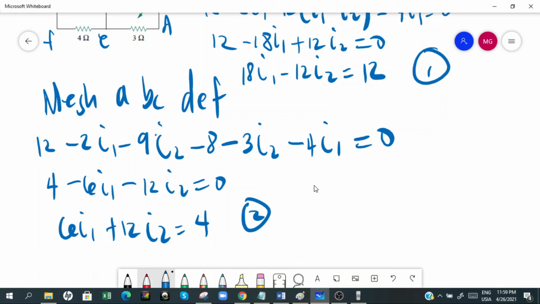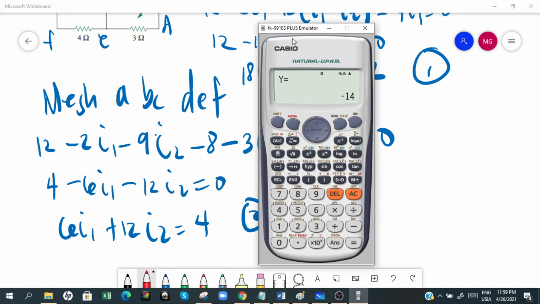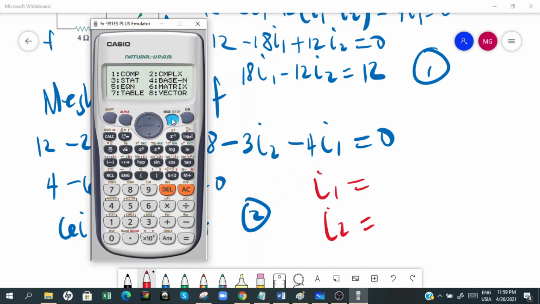Now we will not be dealing with elimination and substitution anymore. Let's just use our calculator directly to find I1 and I2. So I'll have here the calculator. Press mode, then 5. Two equations, two unknowns. We have 18, negative 12, then 12.